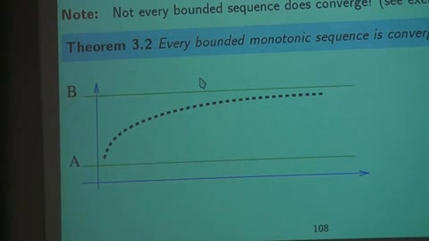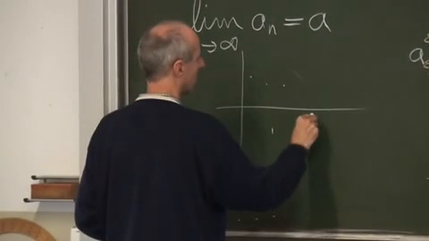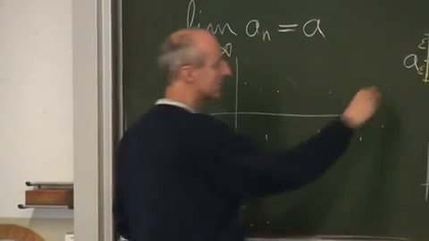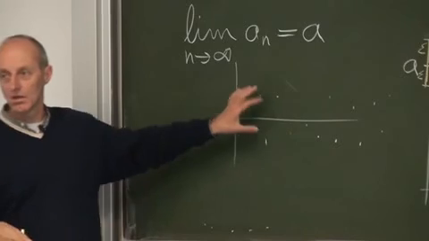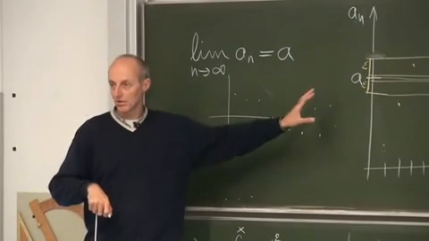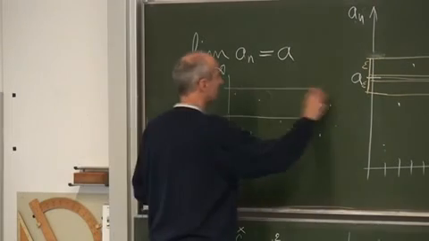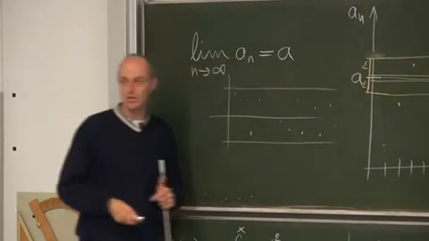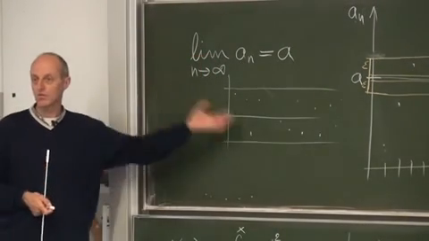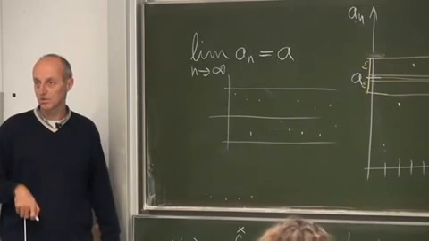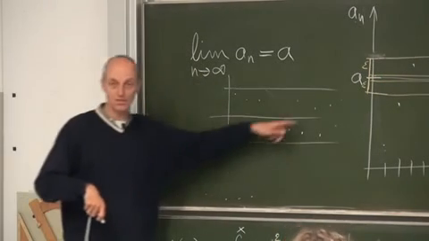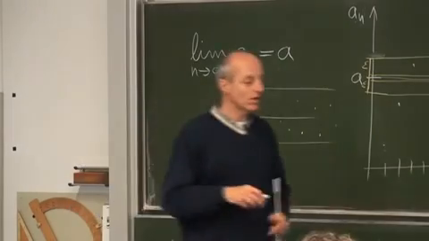You get some erratic thing which somehow oscillates between -1 and 1. It's a good example because it is bounded between -1 and 1. But of course, it is not convergent. It does not converge at all because it oscillates.